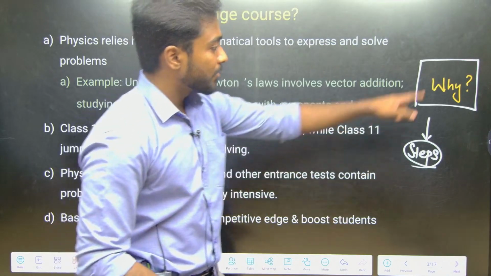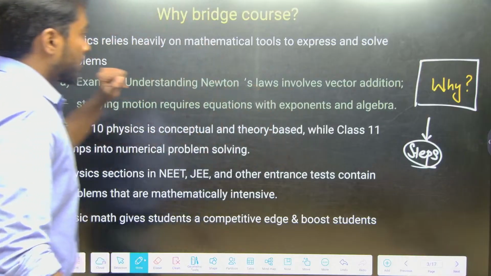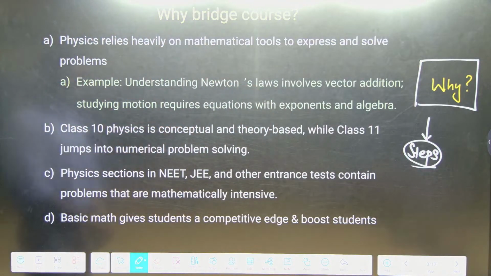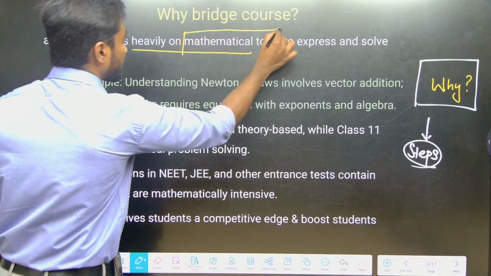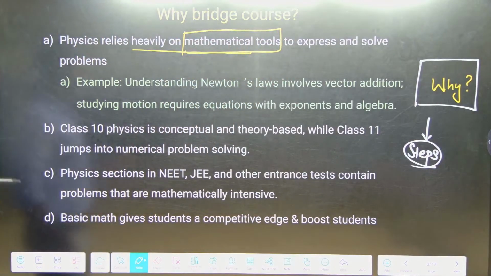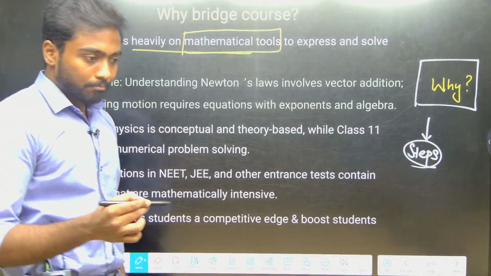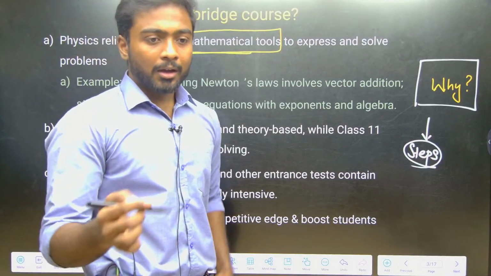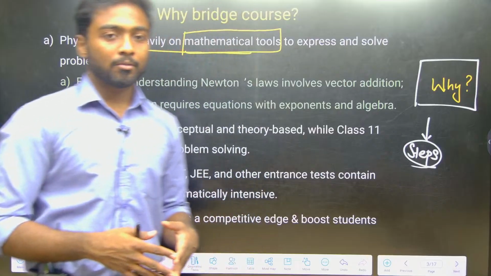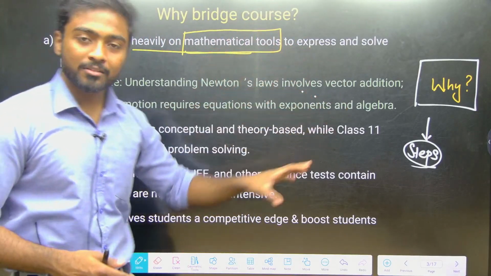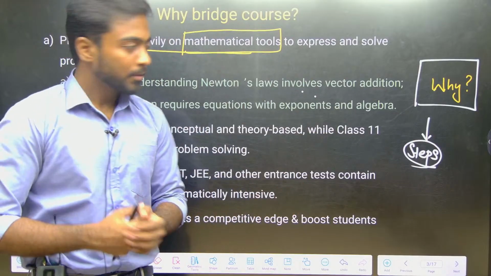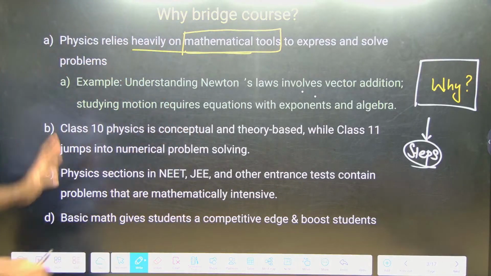So ask the question why. So why bridge course means physics relies heavily on mathematical tools, maths. Without maths, or without the combination of physics terms and the maths, physics doesn't exist, to express and solve the problems.